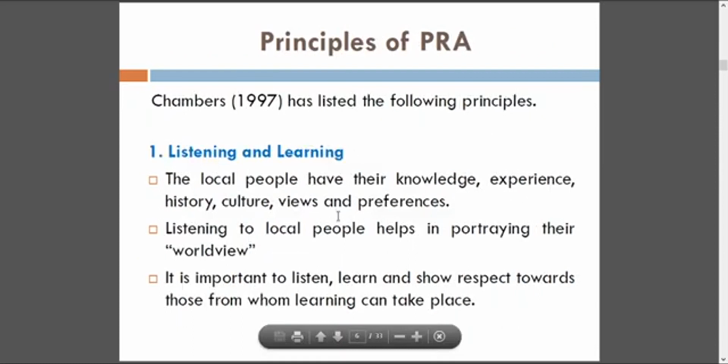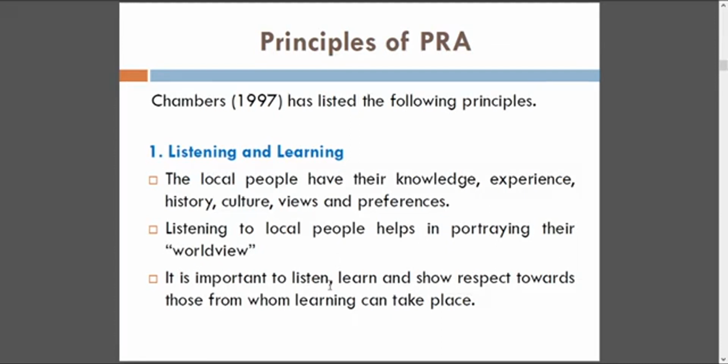Okay, so what are the principles of participatory rural appraisal? According to Chambers 1997, the following principles were listed. The first one is listening and learning, and we see that the local people have their knowledge, experience, history, culture, views, and preferences. So listening to them helps portray their worldview or their understanding of given circumstances.